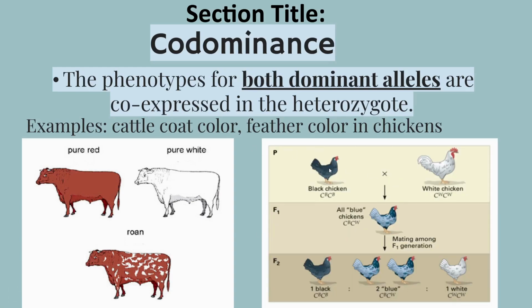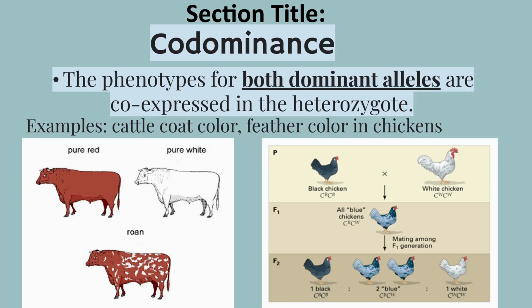Another example we can look at is in chickens. Black chickens must have 2 alleles for black feathers, and white chickens must have 2 alleles for white feathers. However, if you were to cross the two, what you will end up getting is called a blue chicken.